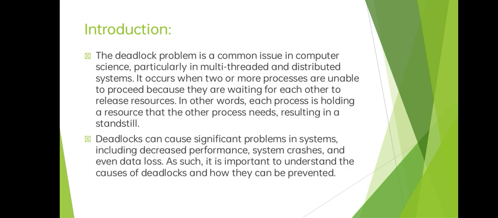It occurs when two or more processes are unable to proceed because they are waiting for each other to release resources. For example, let's assume that there are two processes, A and B. They want some resources, for example input and output, or some signals from the CPU. They are waiting for the same resources.